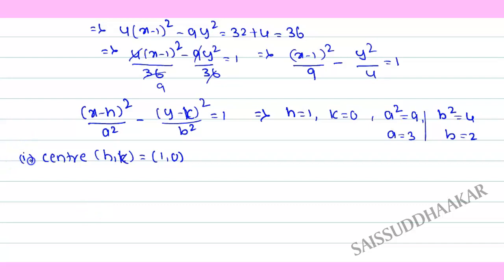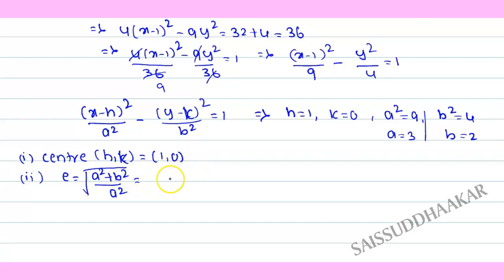Next one he is asking second, eccentricity. Eccentricity e is equal to root of a square plus b square by a, here a value 3, b value 2. Compare this, a is bigger. So here I am writing root of a square plus b square by a.